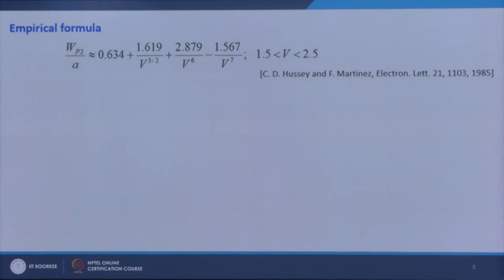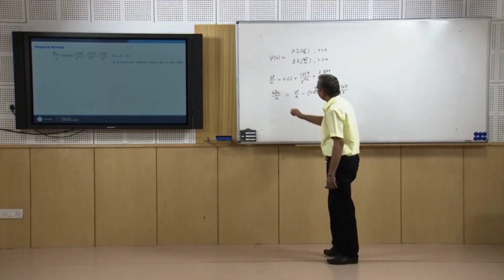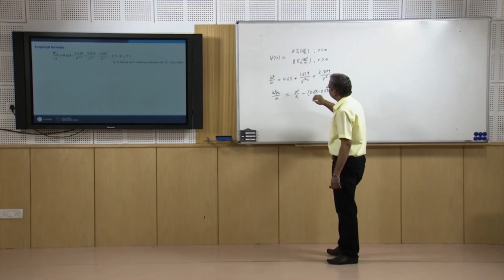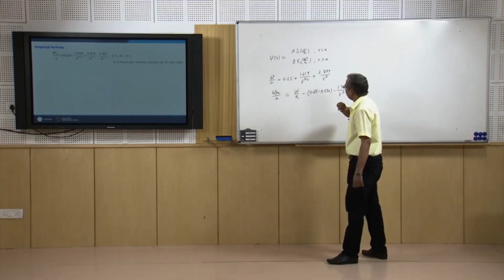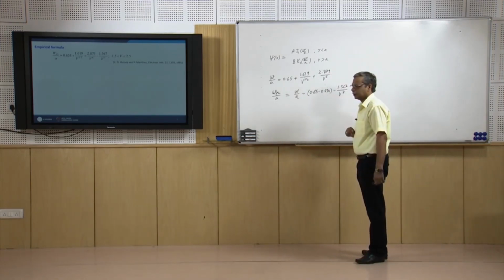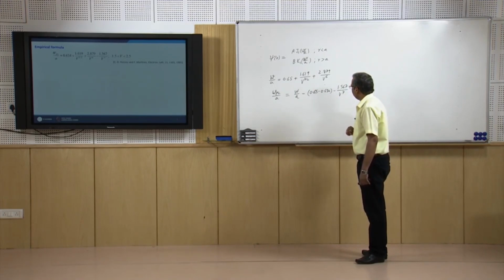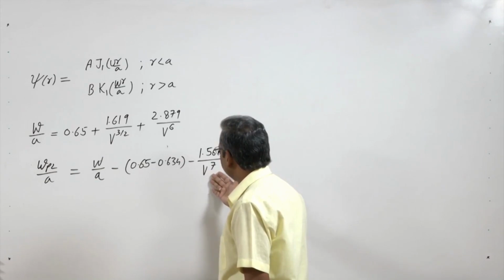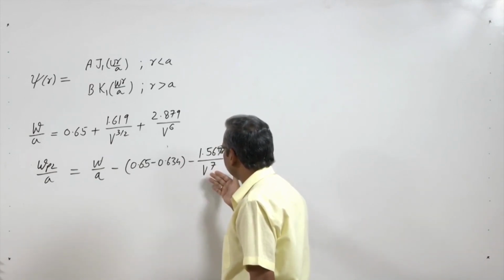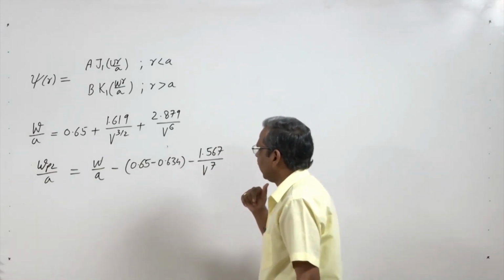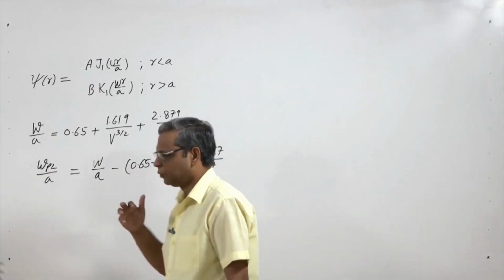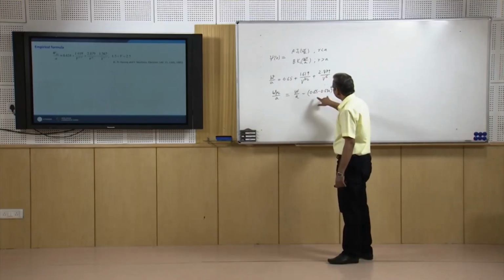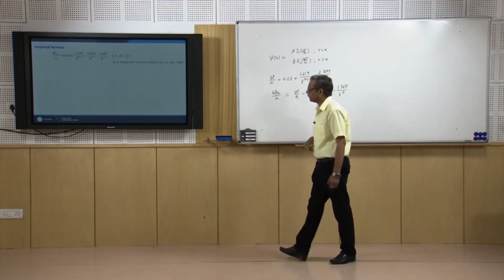So, if I compare it with the Gaussian, then the Petermann 2 spot size would always be smaller than the Gaussian. For large values of V, this term will tend to 0, the contribution of this term would be very small and the difference between the two would shrink. However, this much difference would always be there.